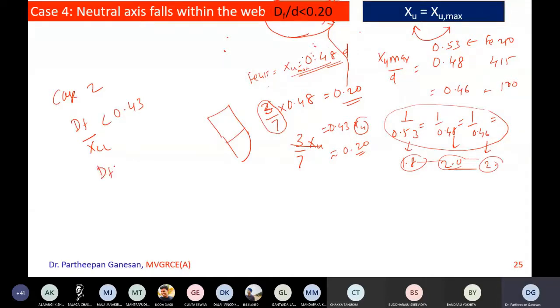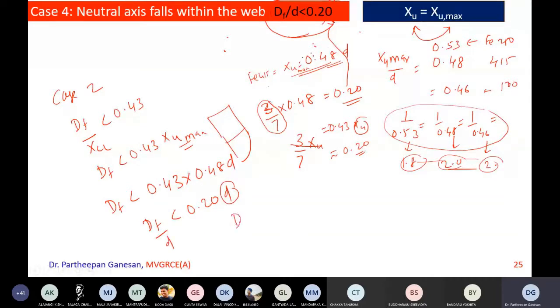That means Df is less than 0.43 XU or not, like that we are comparing. Now if instead of XU you put XU max, this becomes Df less than 0.43 into 0.48 D, right? This is coming out to be less than 0.2 D, and this D, if you take it here, Df by D less than 0.2.